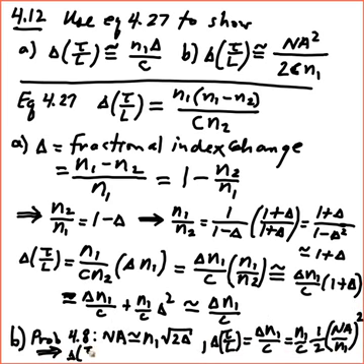Delta tau by L is NA squared over 2c n1. And that does it. That's what we're after up here. So that's problem 4.12.